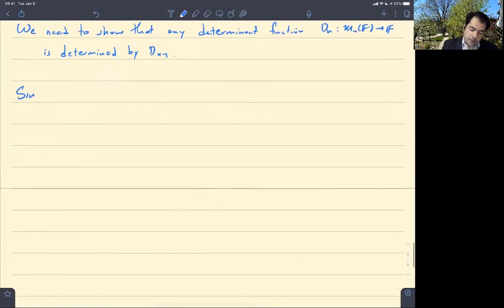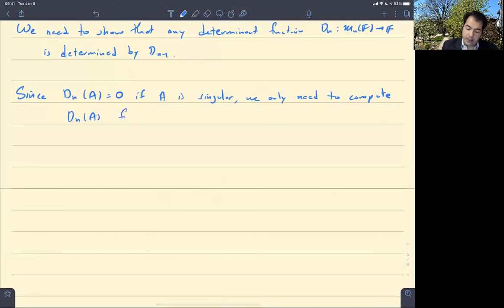Okay. Now we know that any alternating multilinear function vanishes on singular matrices. So it's enough to focus on d_n of A for A invertible.